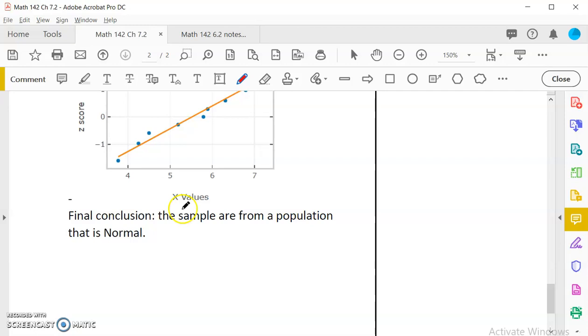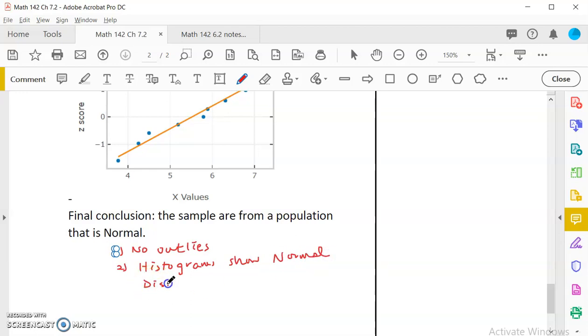What is the reason? You might want to explain the reason. The reason is, 1, there are no outliers. 2, the histogram shows a normal distribution from the sample.